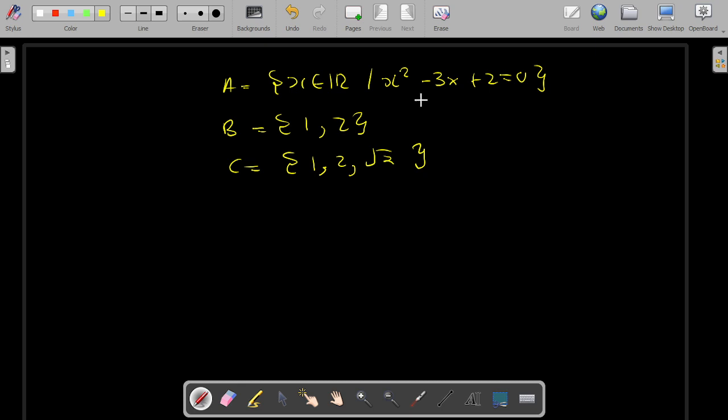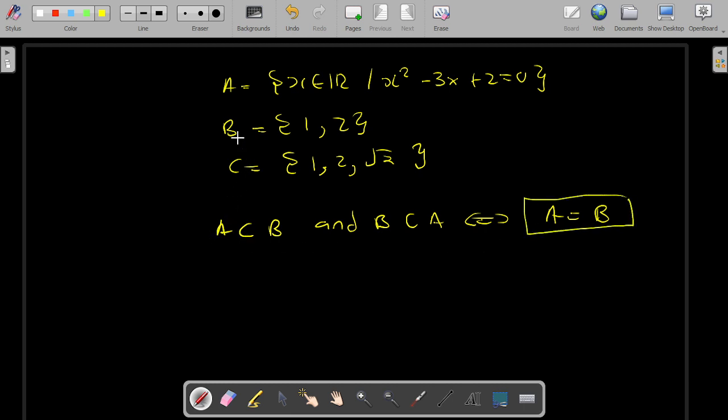If you evaluate it, the roots are going to be 1 and 2. So basically, we have that the set A is a subset of the set B and the set B is a subset of the set A. A more formal way of saying this is that A is equal to B.